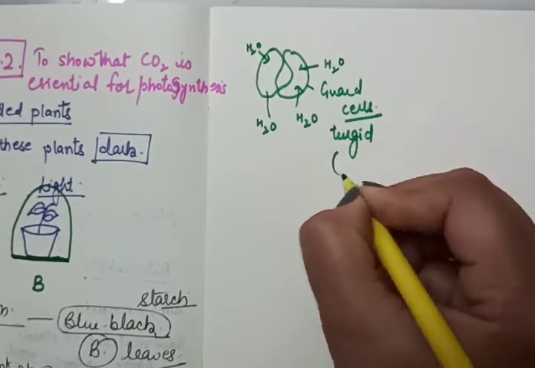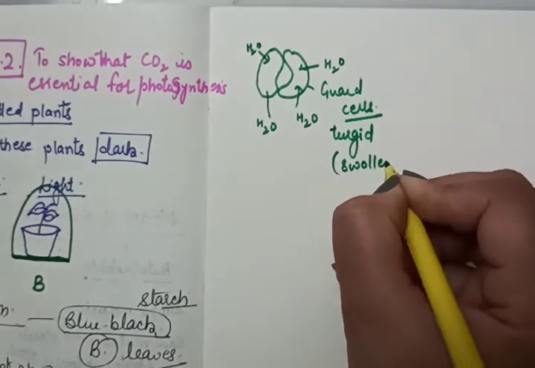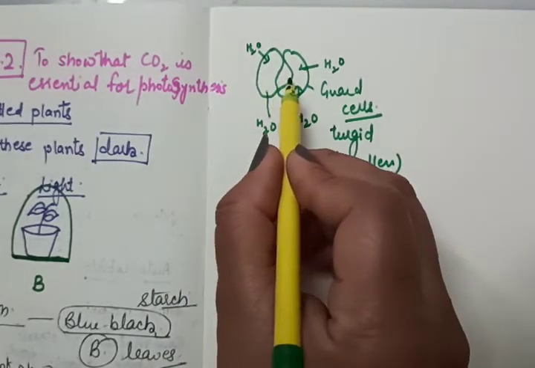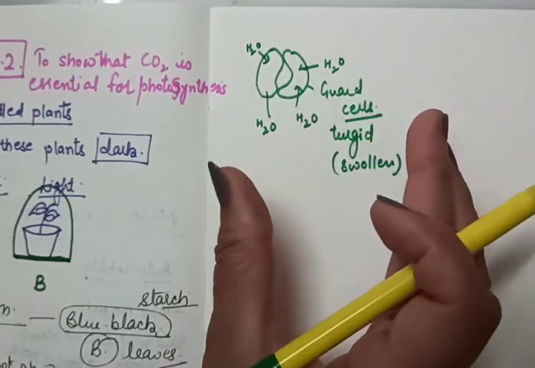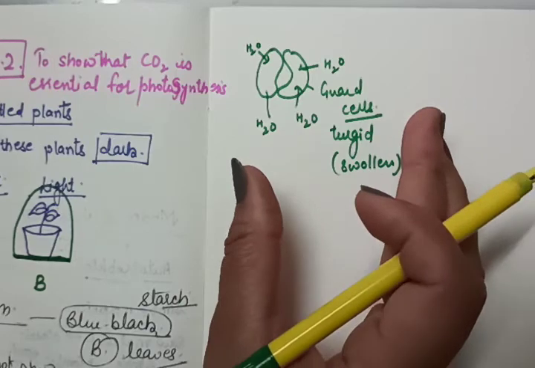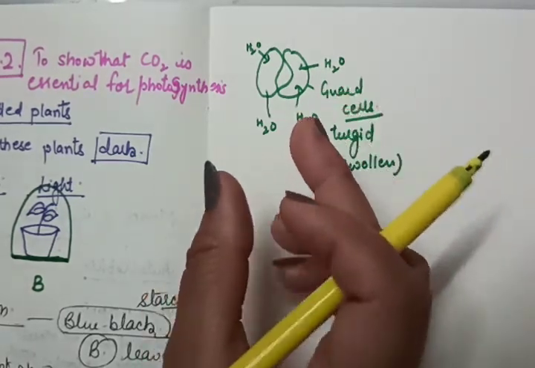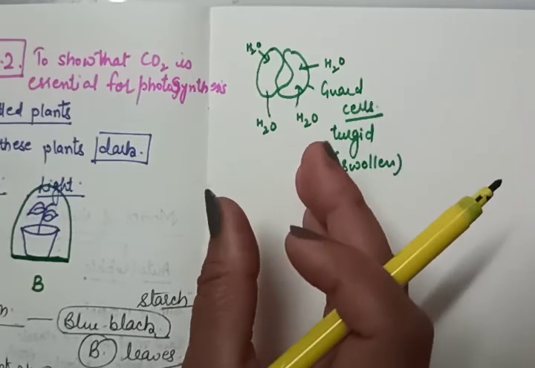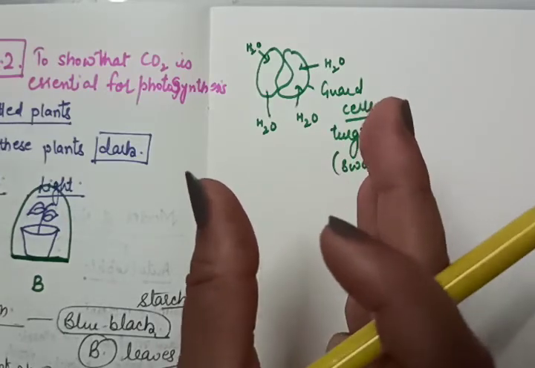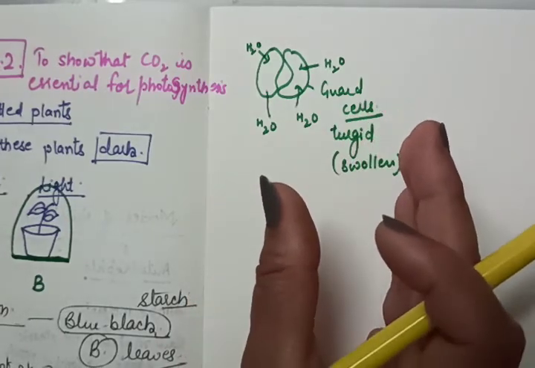Turgid means they become swollen, and the stomatal pore opens. This is how the stomatal pore opens. When the guard cells gain water, they become turgid and the stomatal pore opens.